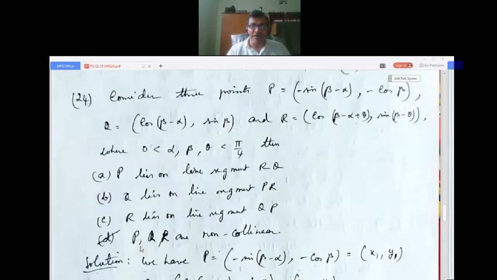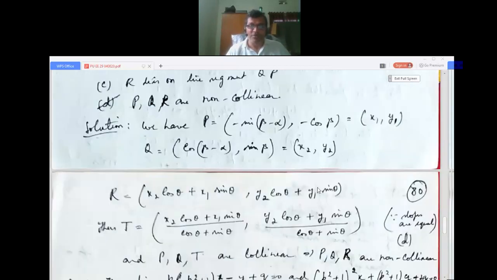We can write R by simplifying using the cos A plus B formula, cos A cos B minus sin A sin B. So cos of beta minus alpha cos theta minus sin of beta minus alpha sin theta. Sin of beta minus theta is sin beta cos theta plus cos beta sin theta. In that way you simplify and you will get R.